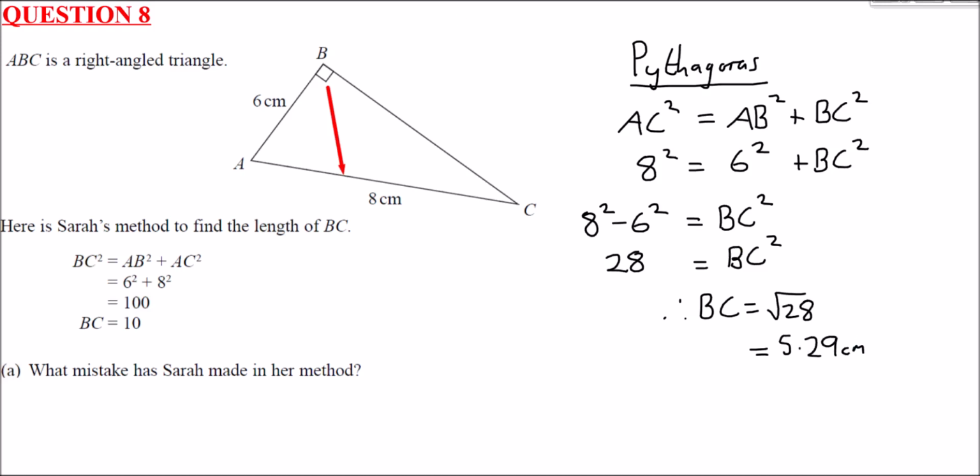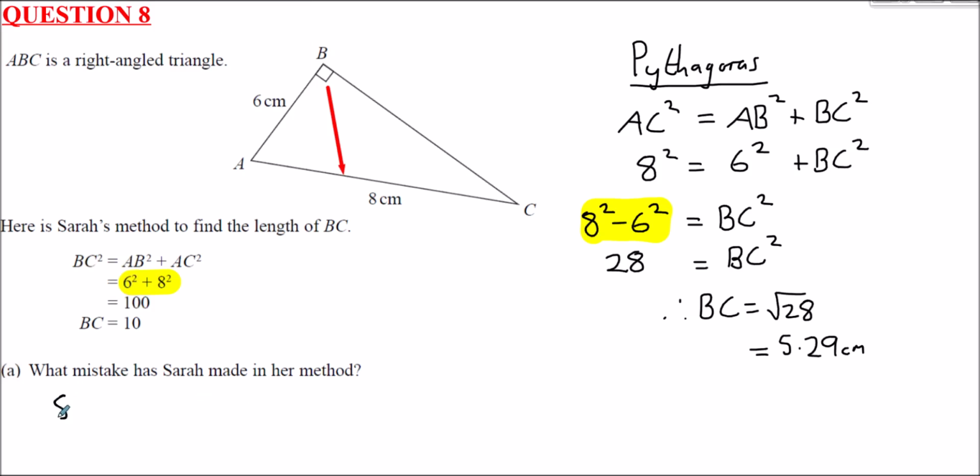So we've gone above and beyond now, but we can hopefully see what the main mistake is. I'd be saying the mistake is at this step here. She did 8 squared plus 6 squared. She should have done 8 squared minus 6 squared. And I'd just add that in your own words.